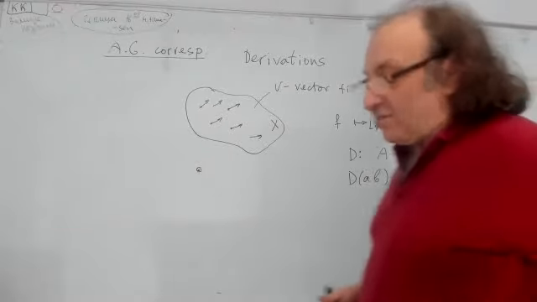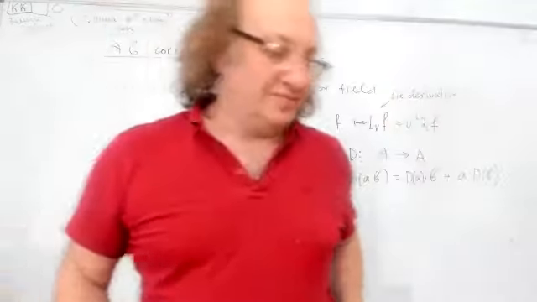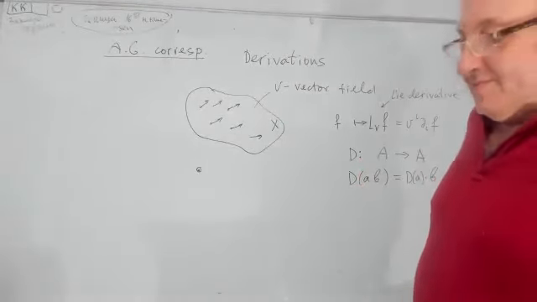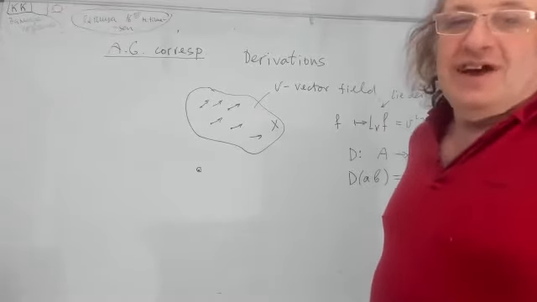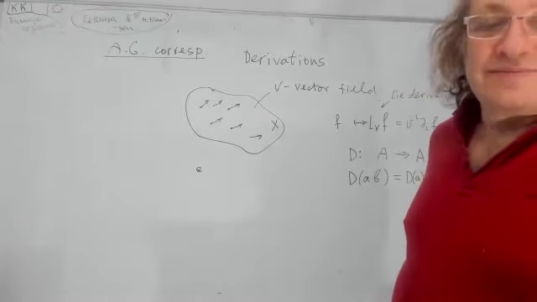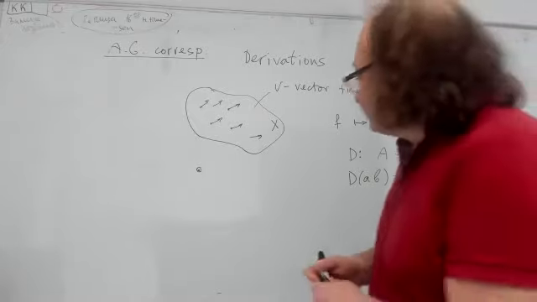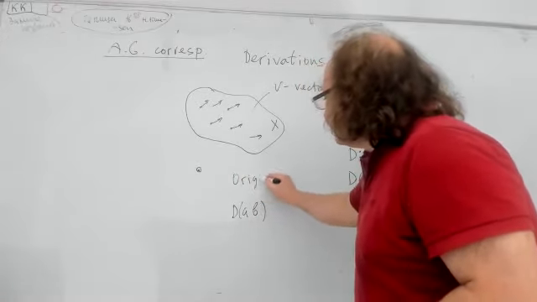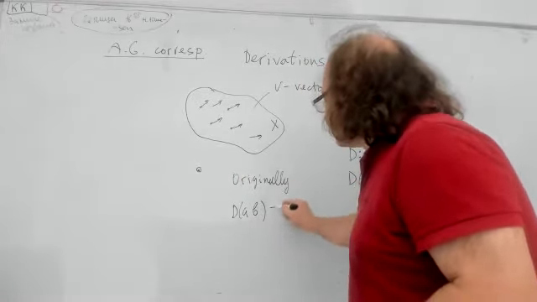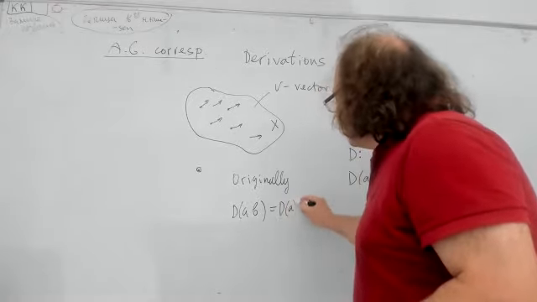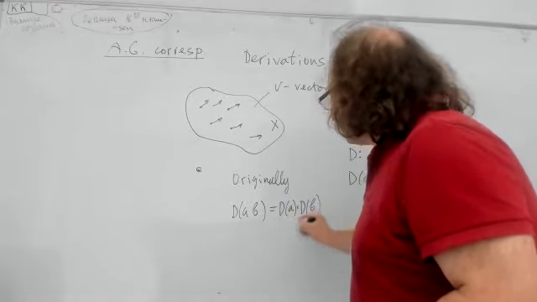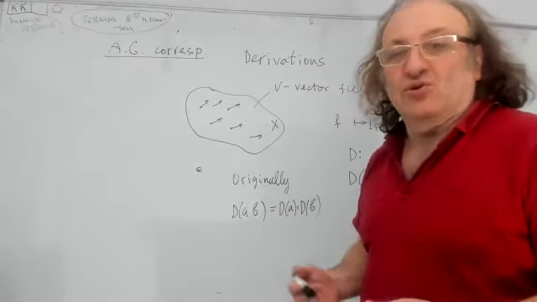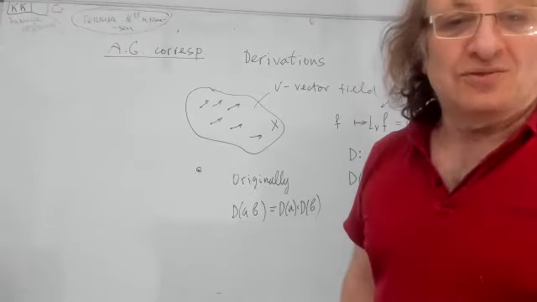I'd like to remind you that it was called Leibniz rule not because it was discovered by Leibniz. Actually, Leibniz had the wrong idea. Originally, Leibniz thought that dAB is dA times dB. So you may think, how could it be that such a great scientist could make such a mistake?